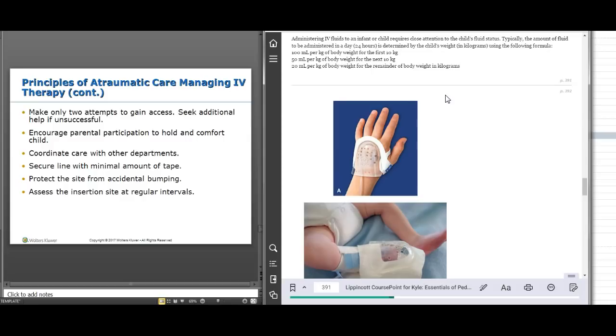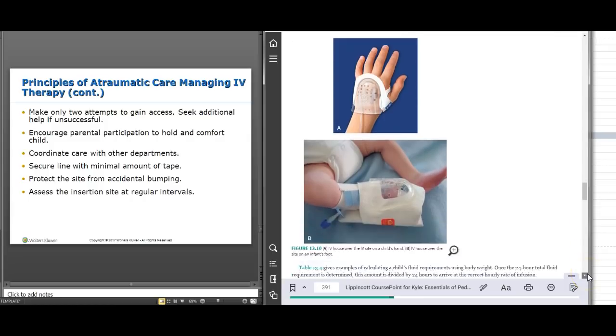Now, in order to figure out how much per hour that is, you take your 1,600 and divide it by 24. That would give you an IV rate for that patient. Now, that's not taking into consideration any PO fluid. That's just your IV fluid.